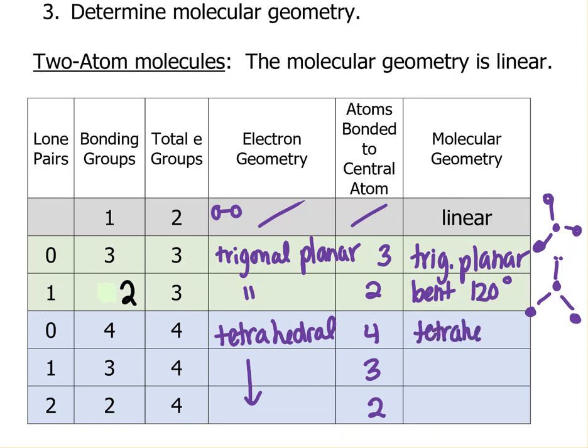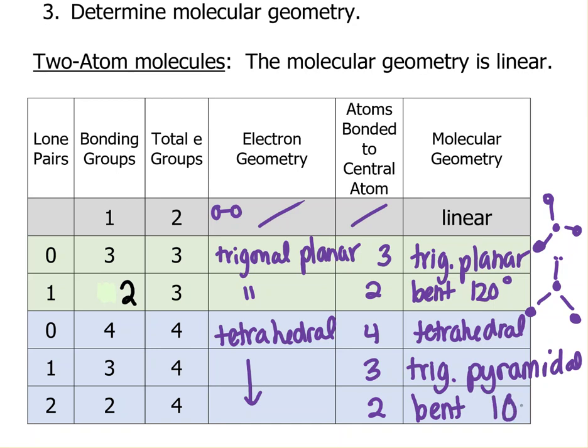The first will be tetrahedral. This one will be trigonal, but this time pyramidal. And this last one will be bent, and this is the 109.5 degree bent.